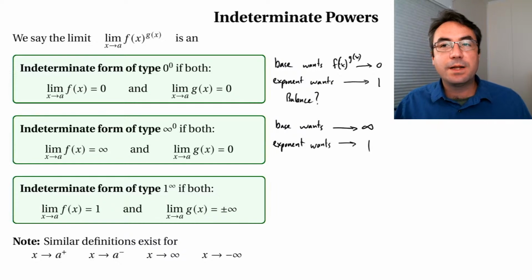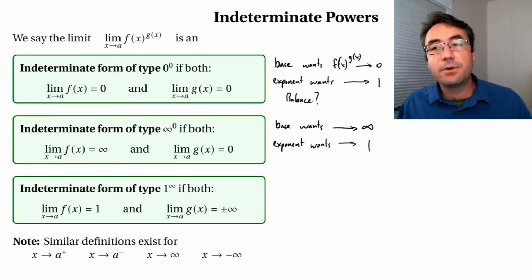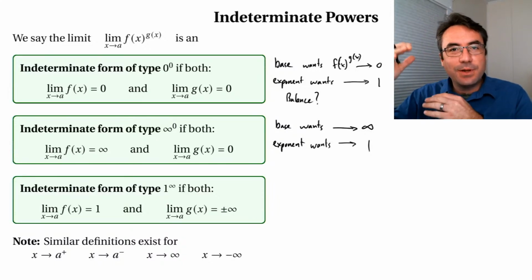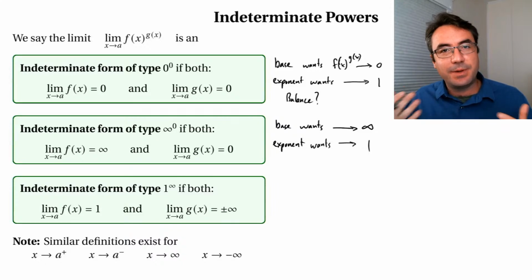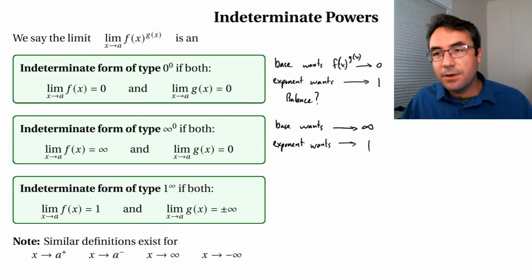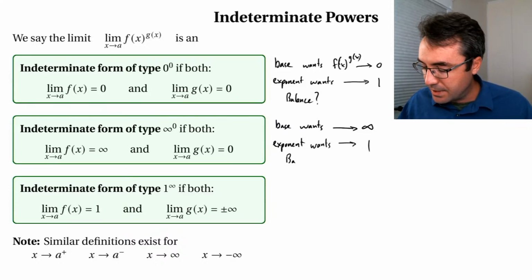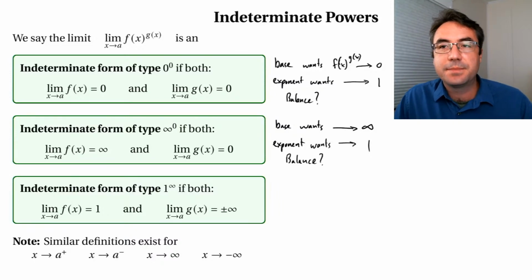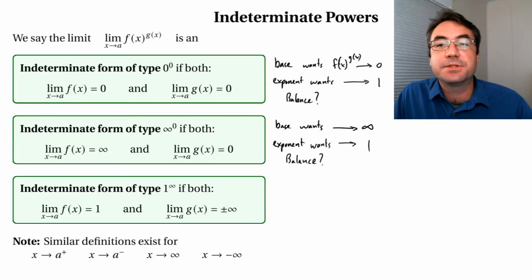So our base term wants the whole expression to go to 0 or go to infinity. The exponent wants the whole expression to go to 1. And so they want two different things. So the question is, does the base term win? Does the exponent win? Or do they balance and we get something in between? Again, it's a mystery. We don't know what happens.